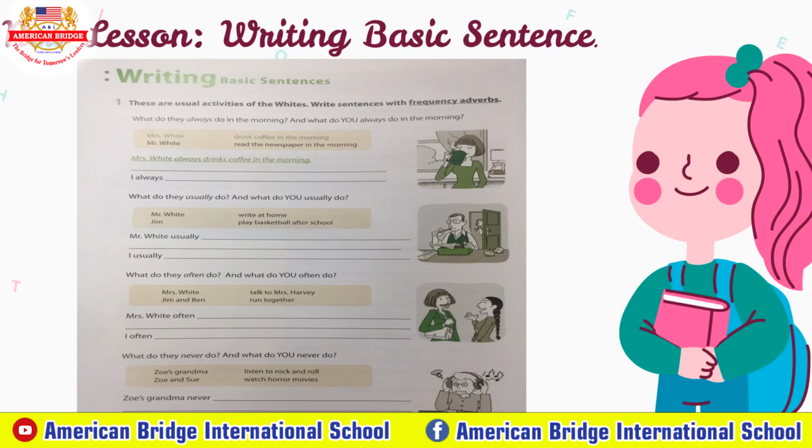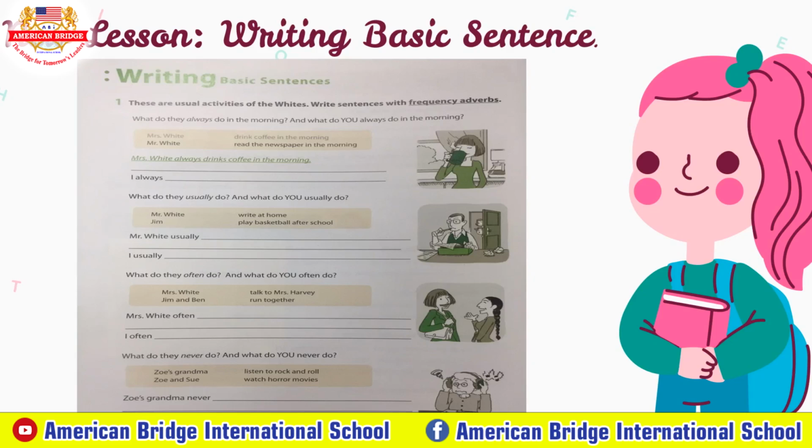Now for our third frequency adverb question, what do they often do? And what do you often do? Mrs. White blank talk to Mrs. Harvey. Jim and Ben blank run together. So let's complete the sentence. Mrs. White often talks to Mrs. Harvey, correct.